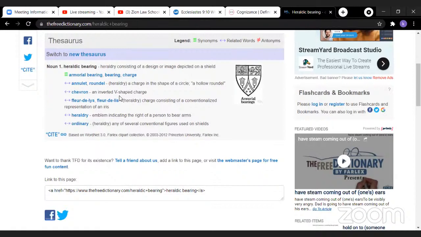If you see a circle or an inverted V, like right here, that's called a chevron.